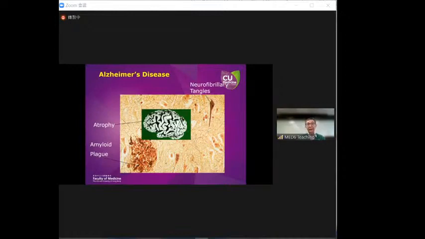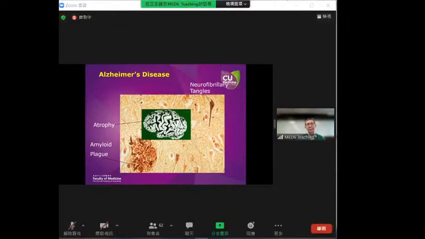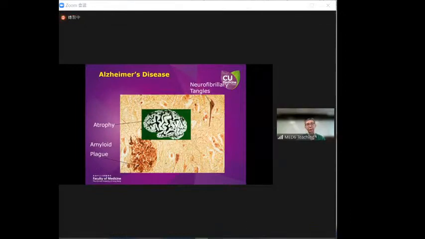But exactly how beta amyloid translates into tangles is still not clear. The end result is that the brain becomes atrophied, cerebral atrophy, particularly affecting the hippocampus. And the hippocampus is important for short-term memory. That's why short-term memory loss is an early feature of Alzheimer's disease.